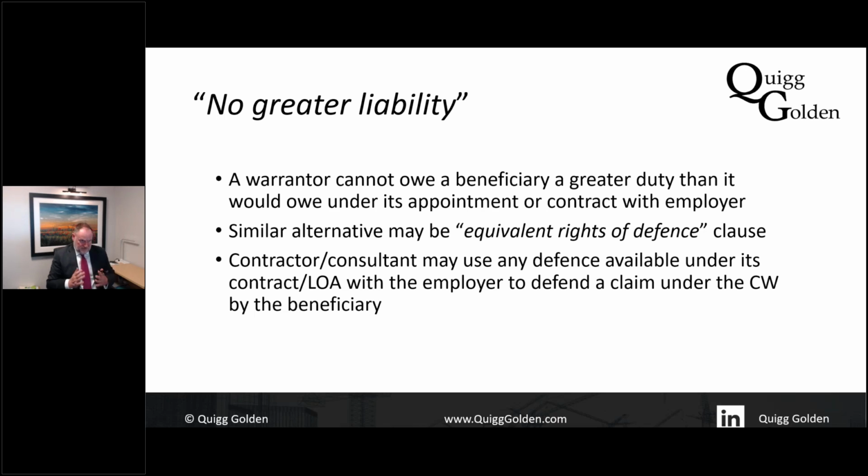So in other words, we're saying, yes, we're promising you that we're going to comply with our subcontract, but we're not going to have any greater liability or duty to you than we do under the subcontract to the main contractor.